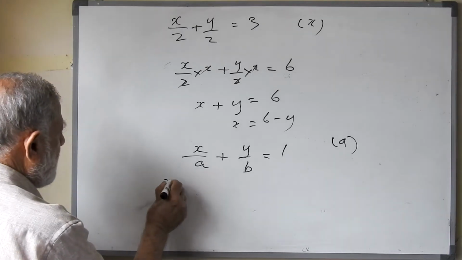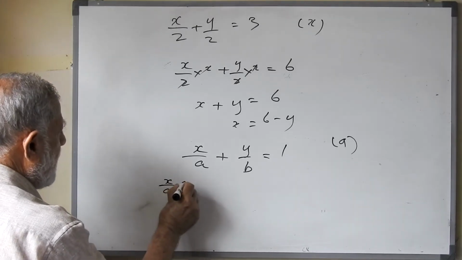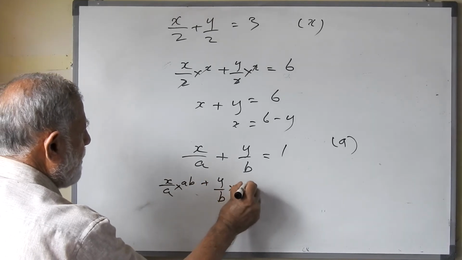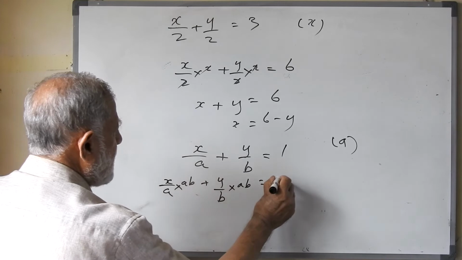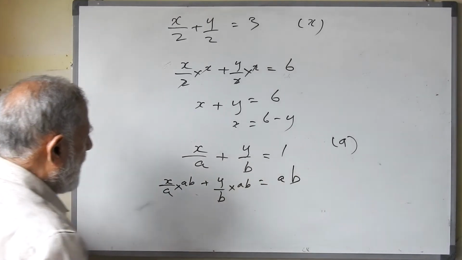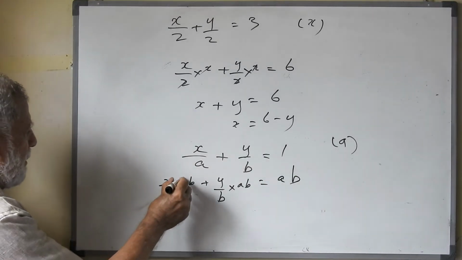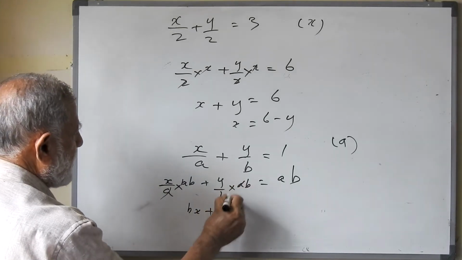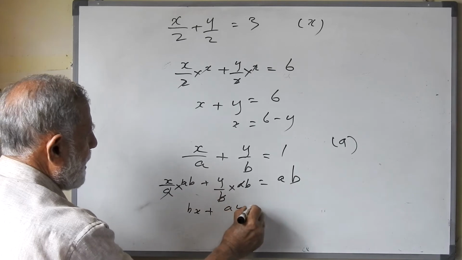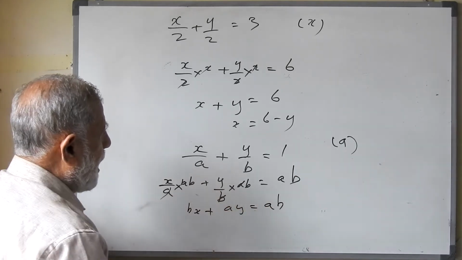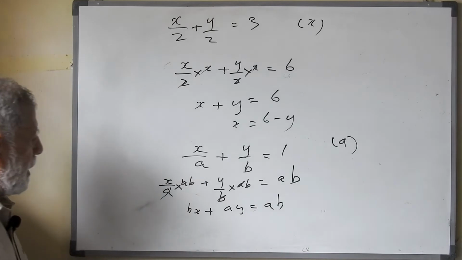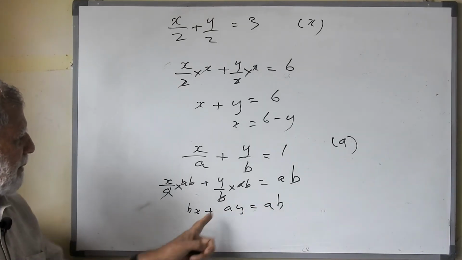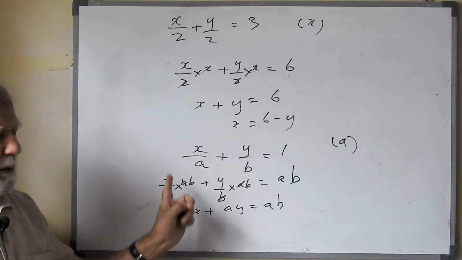So x upon A into AB plus y upon B into AB is equal to AB, the LCM, into 1, AB. So here A and A cancel, so it will be Bx, plus B and B cancel, Ay is equal to AB. Now we have to make A the subject. So we have A here also. So bring this also onto the left hand side and bring the Bx onto that side.